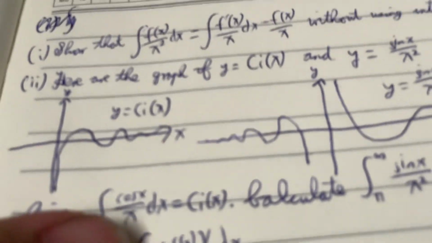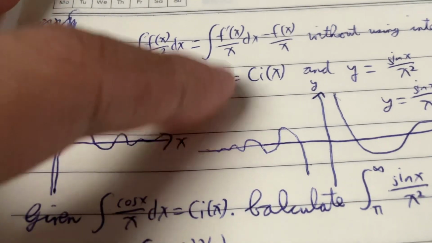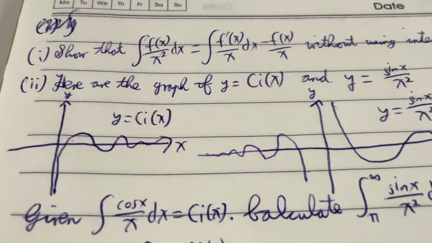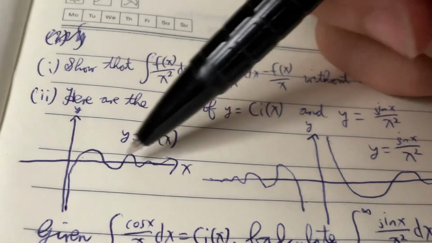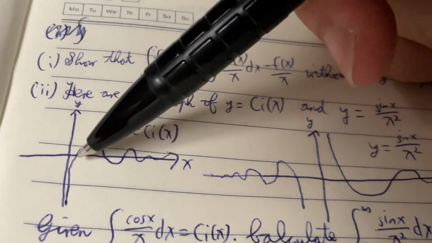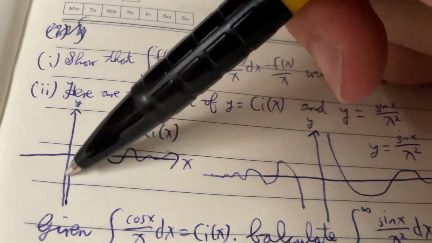Question 2. Here is the graph of y is equal to Ci of x, called the cosine integral. When x approaches 0, it approaches negative infinity.